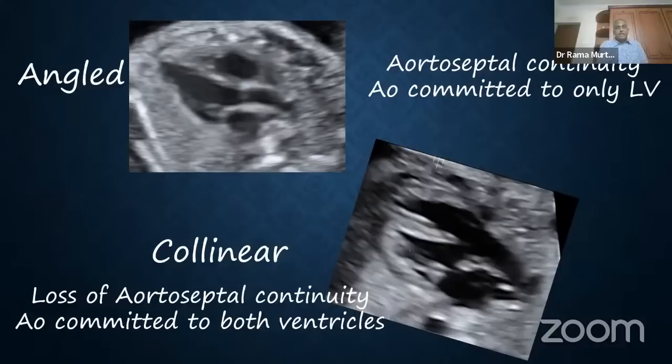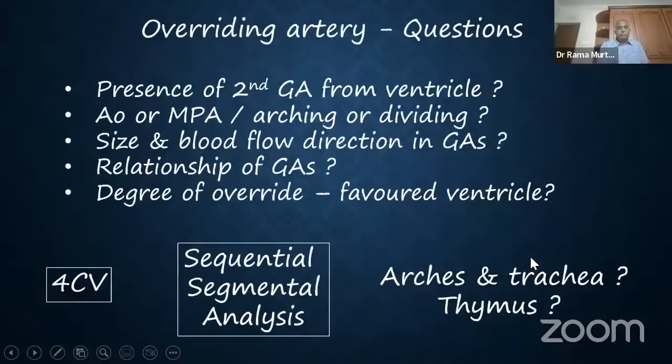But even when it is subtle, you will find that this collinearity will help you to suspect it. That obtuse angle that you see normally is gone, and you get a collinearity, that is a straight line arrangement between the middle of the aorta, ascending aorta axis, and the interventricular septum.